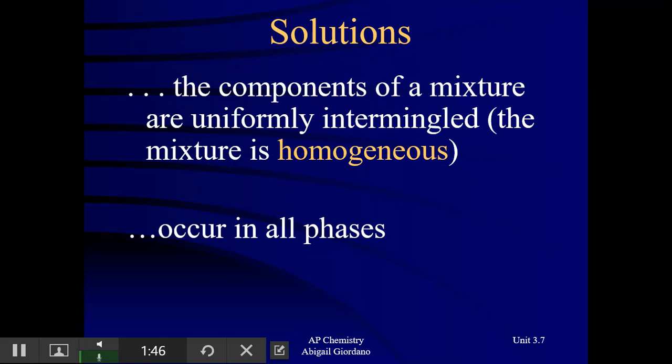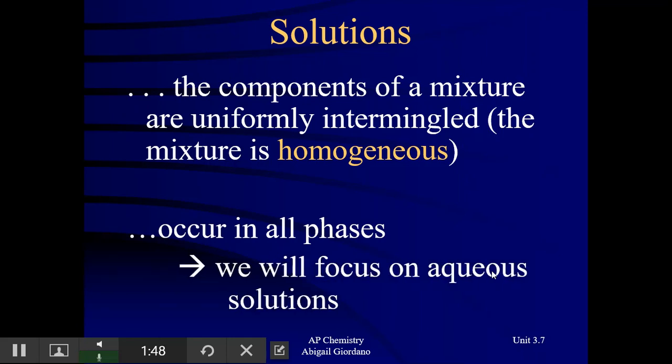However, we are going to focus most of our attention on aqueous solutions. And just to refresh your memory, an aqueous solution means water is the solvent. Remember, solute is the thing that is being dissolved. Solvent is the medium in which you put the solute. So we're going to be talking about aqueous solutions most of the time, where water is the solvent.